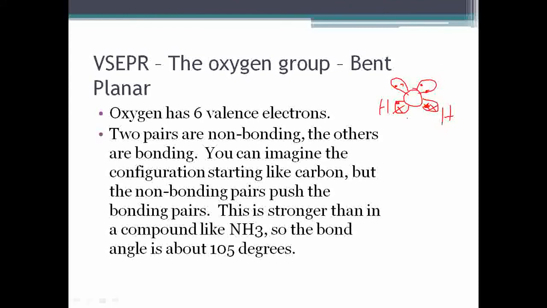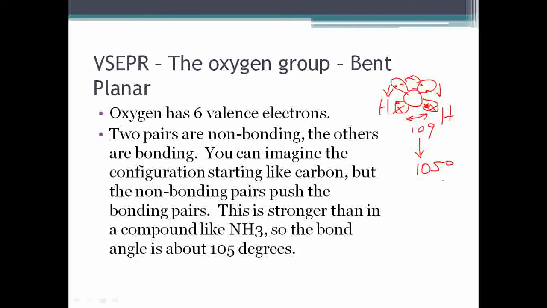So in that sense it's no different to methane with that tetrahedral shape. But in this case, I've now got 2 lots of non-bonding electrons pushing even harder down in this direction here. And they're pushing against each other pretty hard this way as well. So the bottom line is, this bond angle here, which you could originally think of as being 109, actually shrinks from 109 to 107 that you'd expect with ammonia, down to about 105 degrees.